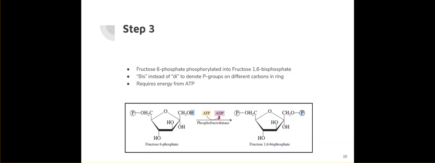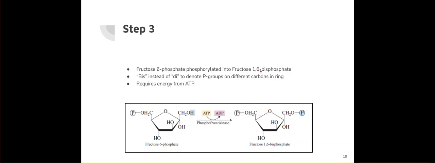This is going to, again, consume energy because we need that phosphate, so it peels it off from the ATP and forms ADP. And the reason why this is called bisphosphate instead of diphosphate is because these phosphates are on different places on the ring.